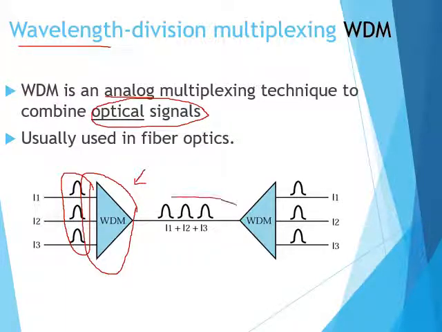This is the multiple signal, and this is the multiplexer, which uses a prism. Then this is the original signal to be received by the receiver.